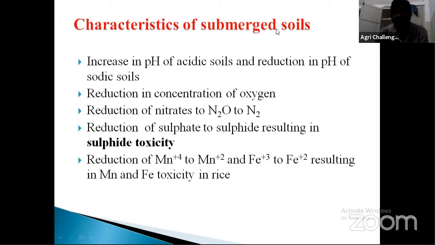There are some characteristics of submerged soils which are favorable for rice crop. Submerged soils increase the pH of acidic soils and decrease the pH of sodic soils.